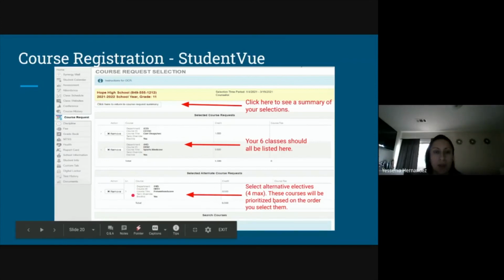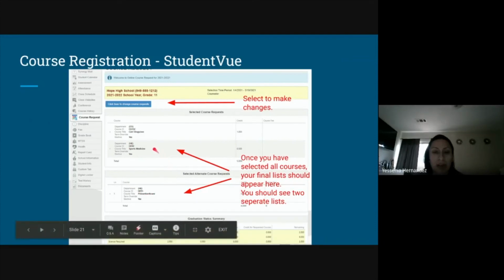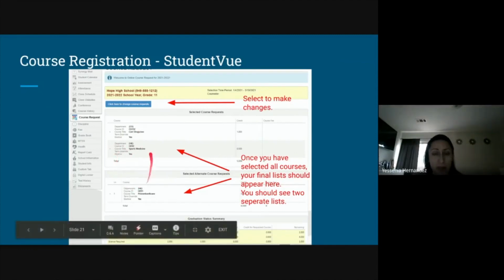After you've finalized your list, you click here to return to course request summary. Then your finalists will populate here. Now it's no longer giving you the option to add request or add alternative electives. Once you've finalized your list, they should be here.